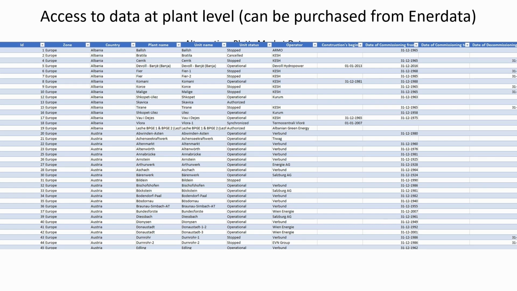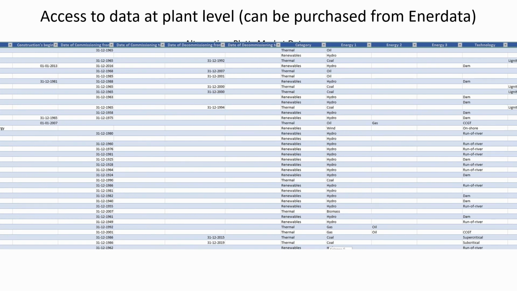And I will show you here the more detailed data for a number of units worldwide. In the database you can see for each unit what country it belongs to, the unit name, the status, the operator, the date of commissioning, the date of decommissioning, if there is a date of decommissioning.